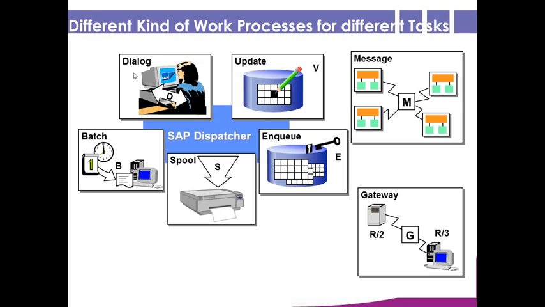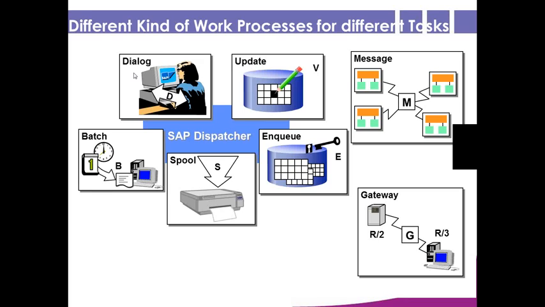But is there any rule that every request should be completed within 600 milliseconds? No, sometimes it may be a longer transaction. For example, you are fetching the last 1 year bank statement. It takes some time, maybe half a minute or 1 minute. At that time, dialog gives up. Sorry boss, I can't serve your request.